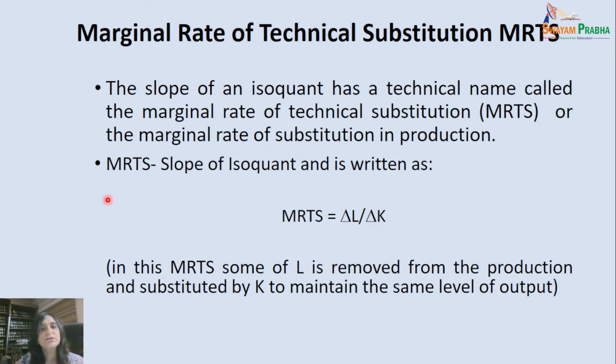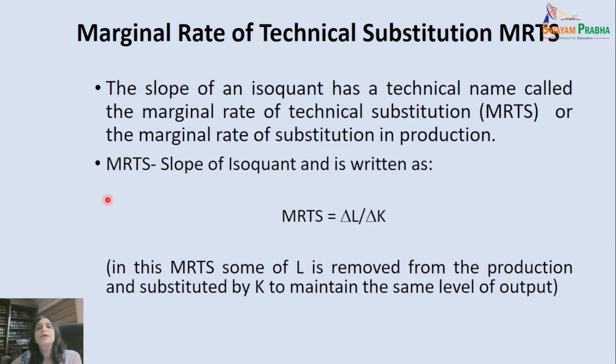So what is the marginal rate of technical substitution? MRTS is the slope of the isoquant, showing how much of one input you have reduced, and for the reduction of that input, how much of the other input you have to use extra.